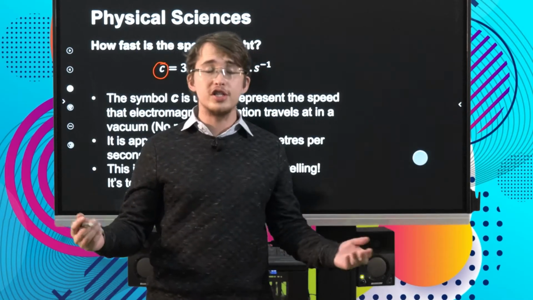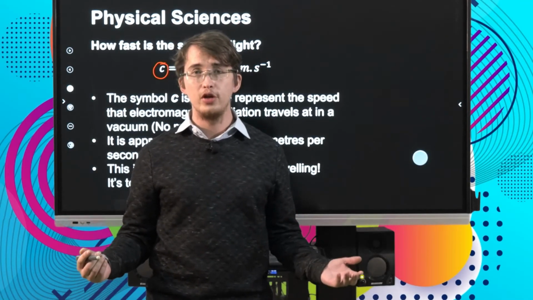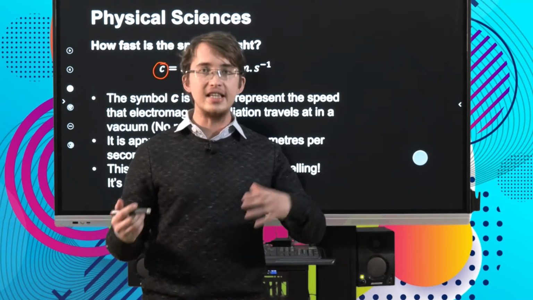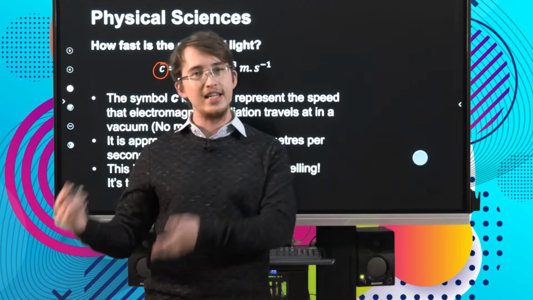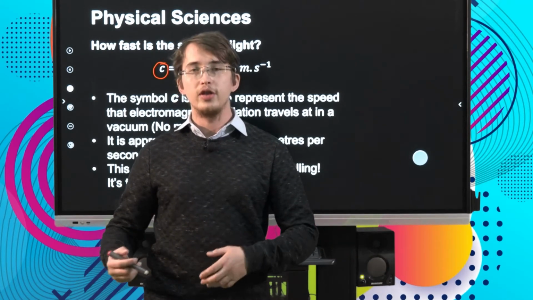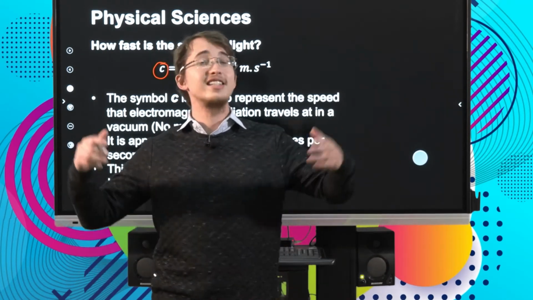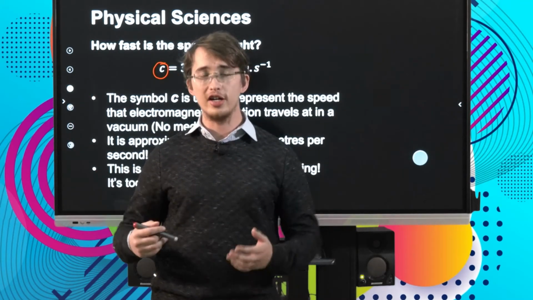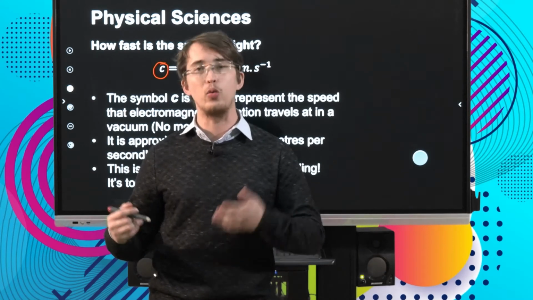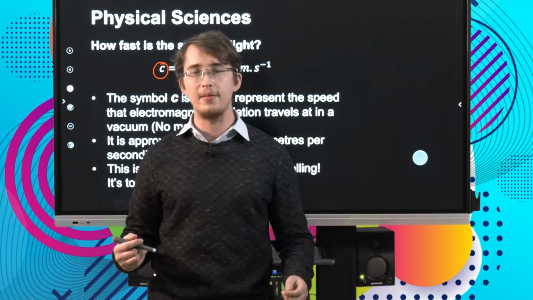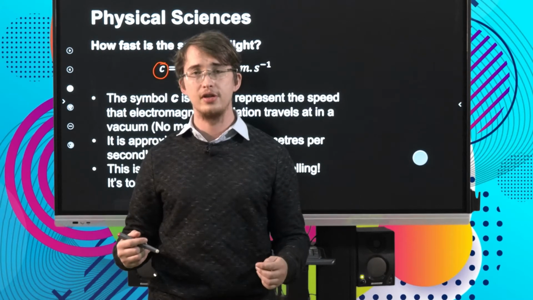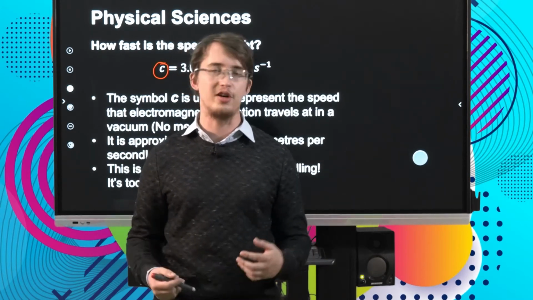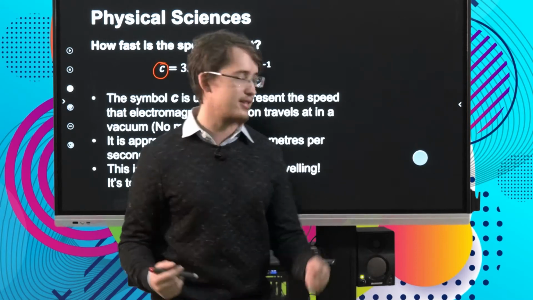Have you ever noticed that when you turn on the light in your room, you never catch the light traveling across the room? The room is either dark or then instantly lit. The reason for this is that the speed of light is just way too fast for us to see. Our eyes are just not geared to be able to see the light or the wave moving through the air as it goes. So let's have a look at some questions to get our heads around the numbers associated with the speed of light.